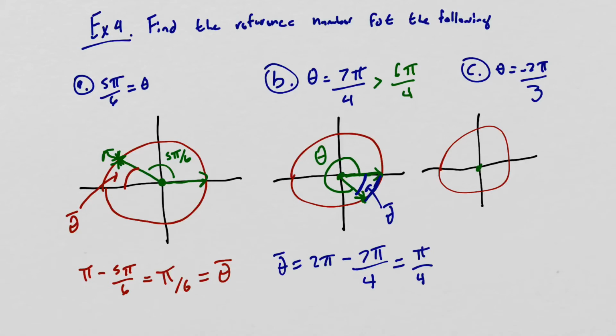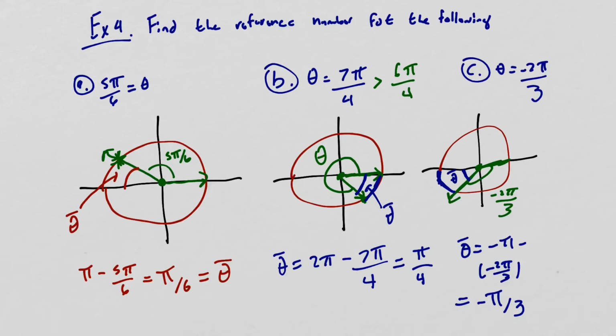Negative 2 pi divided by 3. Again, this is larger than negative pi, so it's going to be in the third quadrant. Then our reference number is going to correspond to this arc length, which is the same as this angle here. To find theta bar, we're going to take our negative pi and subtract negative 2 pi divided by 3. What we're left with is negative pi divided by 3.